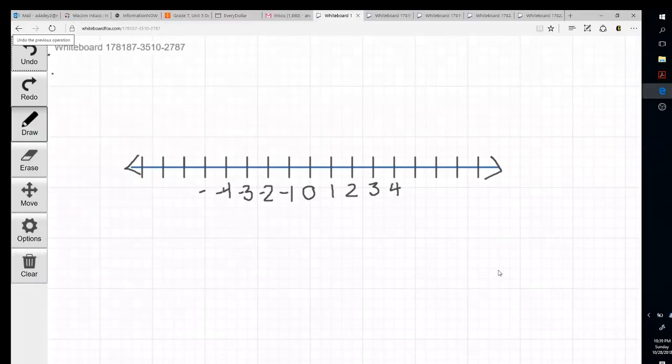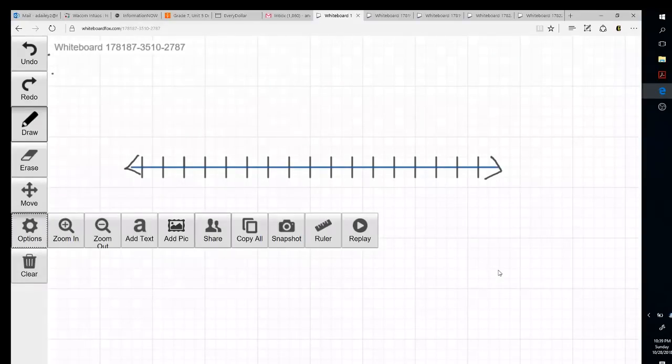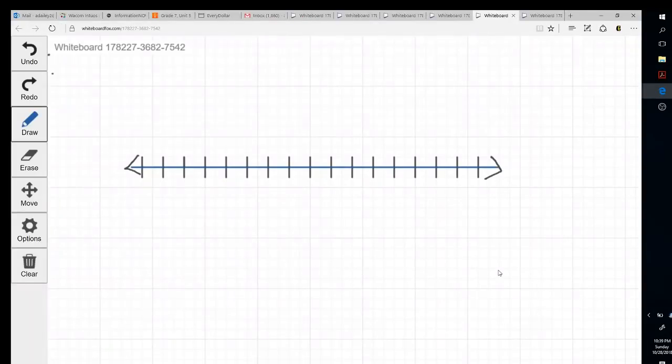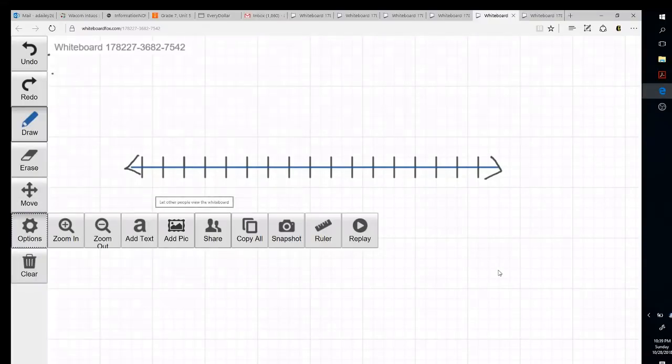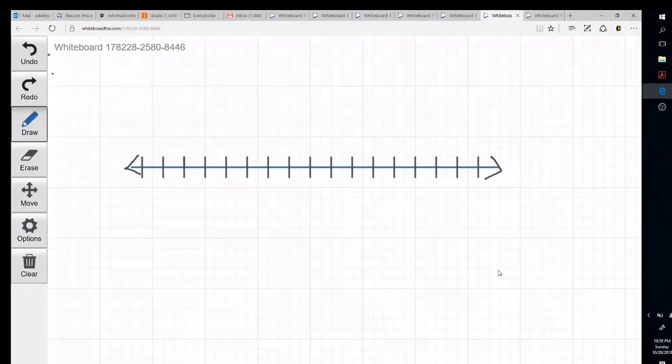Okay, so what I was saying was we're going to practice modeling addition with arrows. So my first step is to put some numbers on my number line. So I'm going to put 0, 1, 2, 3, 4, negative 1, negative 2, negative 3, negative 4. If I need to add more numbers later, I can certainly come back and do that.